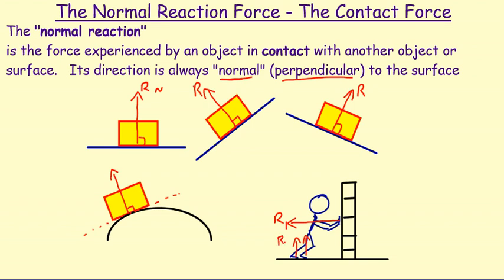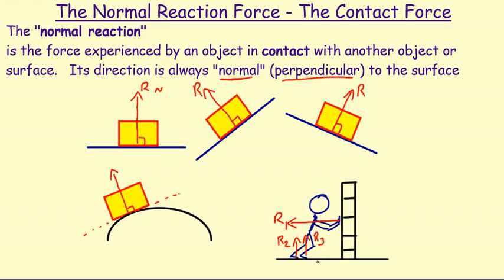So we might call that R2 and R3. Okay. There may be other forces going on. For example, friction might be acting to stop his feet from slipping. So we might find we've got friction here, but at the moment we're not modeling friction. We're just keeping it as a one-dimensional problem.